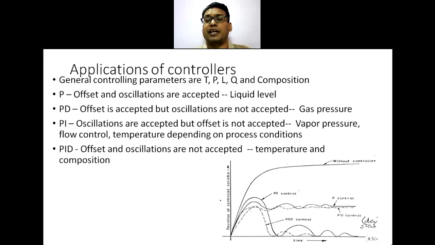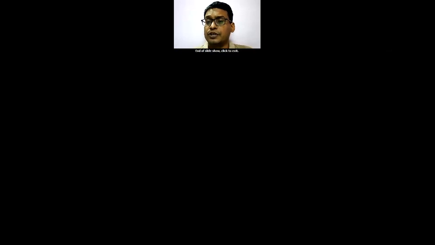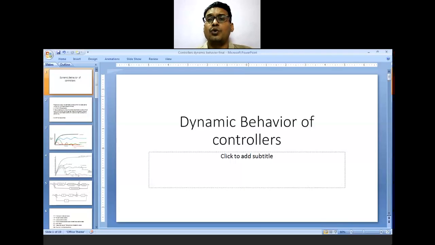That is the final temperature controllers and the composition controllers, where fluctuations or the offset cannot be accepted. So this is related to the dynamic behavior of a controller. Now based on this, we are going to discuss the numerical associated with that.